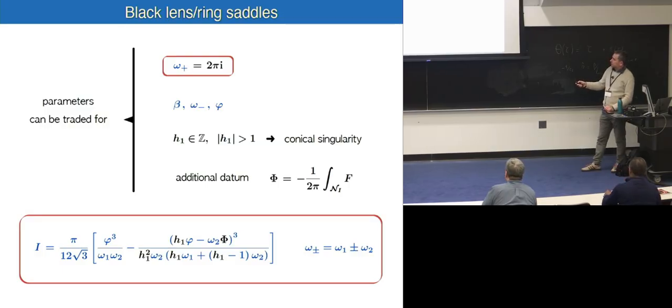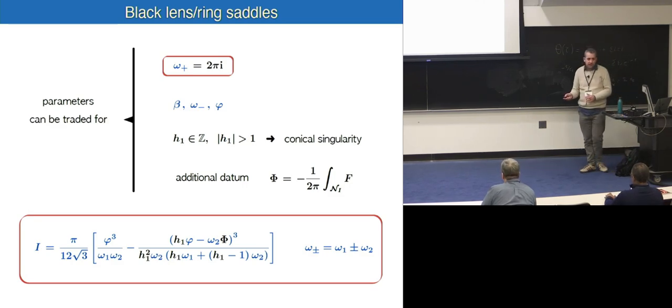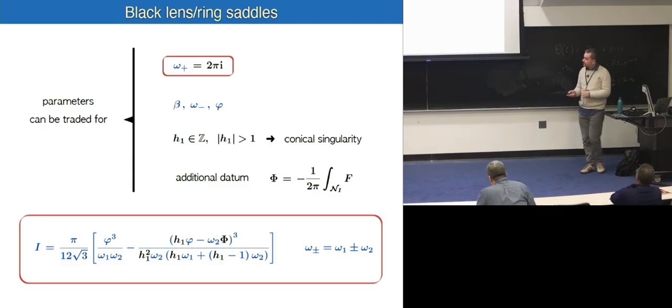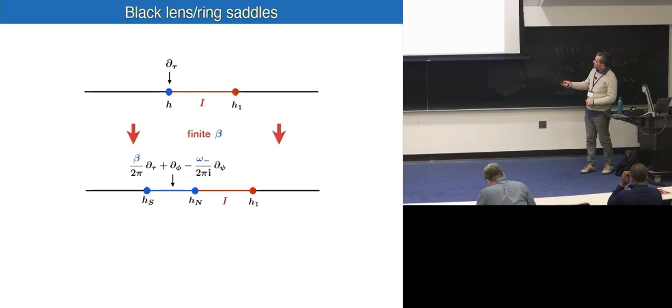Then some of the other parameters can be traded for these chemical potentials that are non-trivial and in principle complex. And finally, we have to provide an additional datum that is this capital Phi that also appears in this expression for the action. And we define it in this way. So for each of these rods, we have a collapsing Killing vector. The Killing vector that collapses forms a cigar.